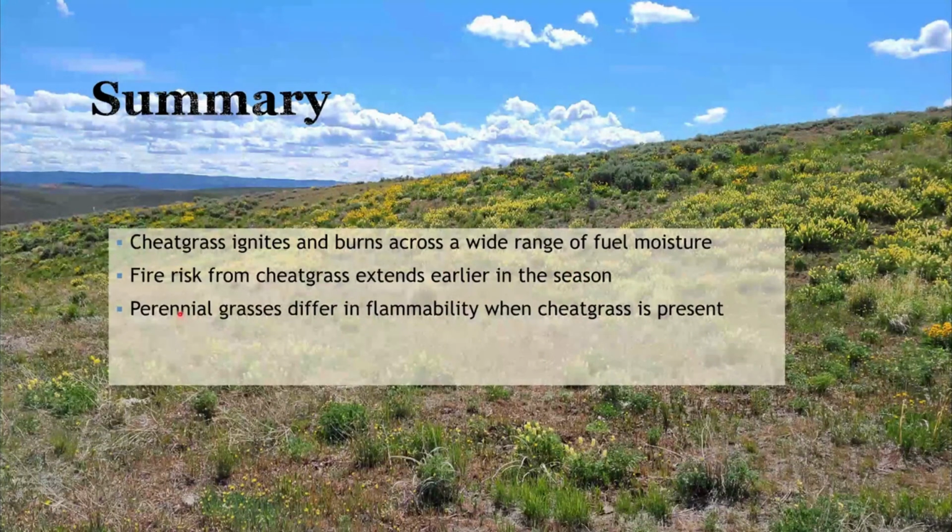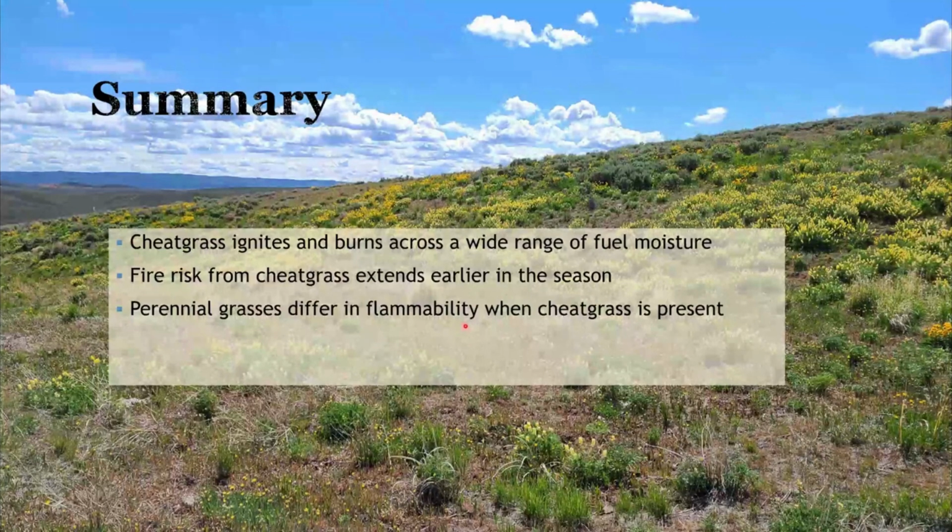And the other interesting thing is that perennial grasses differ in flammability when cheatgrass is present. So some of our grasses at low amounts of cheatgrass are going to be just as flammable, like the Columbia needlegrass. But with blue bunch wheatgrass, if there's a low amount of cheatgrass, it doesn't look like we're going to have as big of a fire problem.